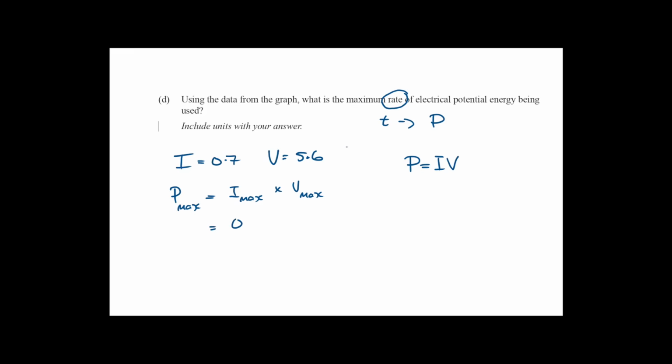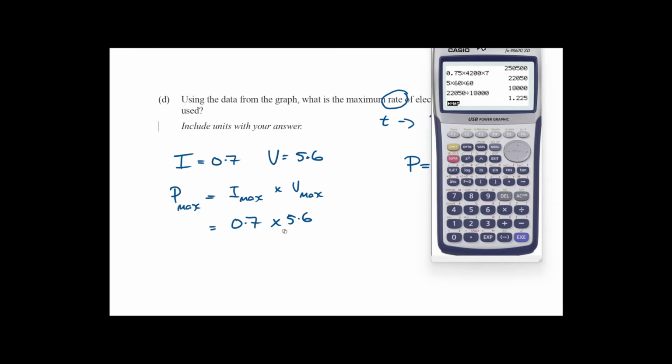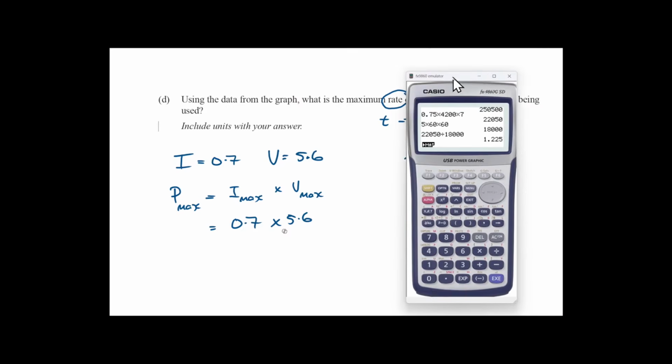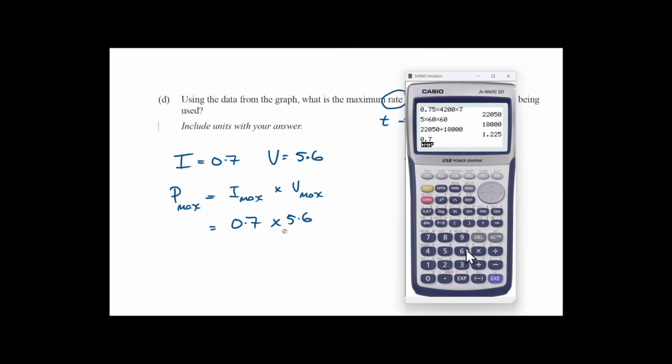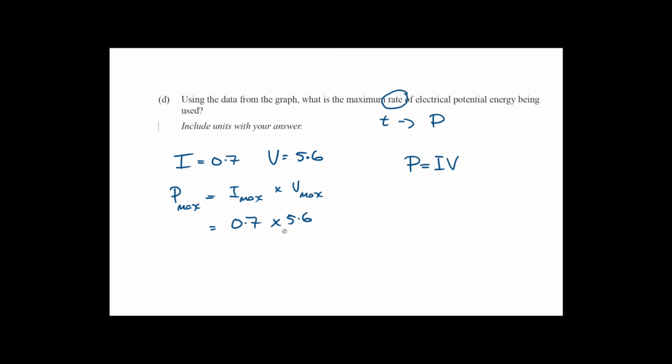So this is going to be 0.7 times 5.6. And hey presto, we grab our calculator. The tough thing here is knowing which formula to use. So 0.7 times 5.6 is 3.92 watts, which we could say is roughly equal to 3.9 watts.